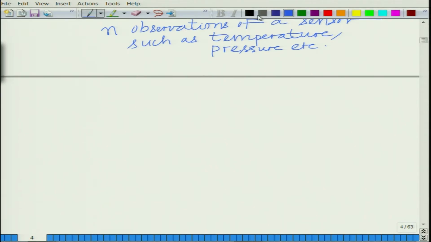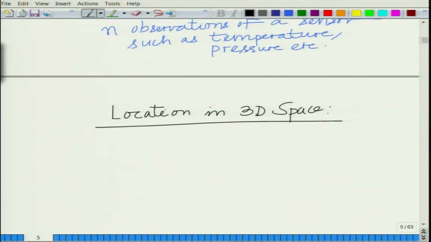Now, for instance, you have a location in 3D space that can be represented by a 3-dimensional vector. Any location in 3D space can be represented by the 3-dimensional vector u1, u2, u3, or what we call the x, y, z coordinates, all right.